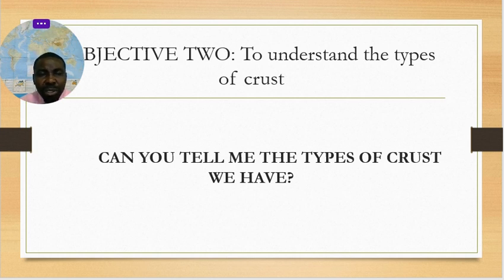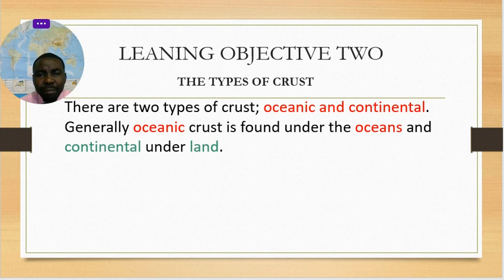We have two types of crust: the oceanic crust and the continental crust. The oceanic crust is found under water, under the oceans. That's why it is called oceanic.